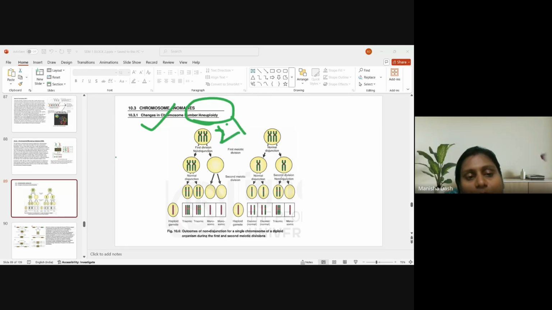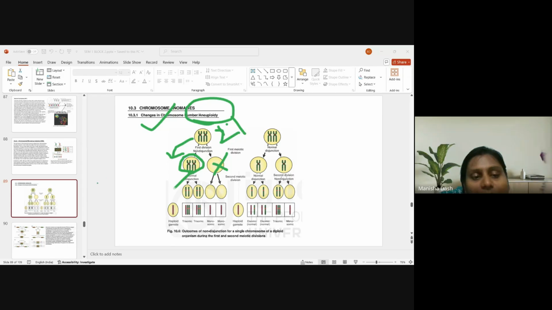So the 21st chromosome is present in 2 copies. What happened during the first meiotic division? The paternal and the maternal chromosome did not separate. Both the chromosomes moved to one pole, to one daughter cell, and the other daughter cell did not have a single copy of the 21st chromosome.